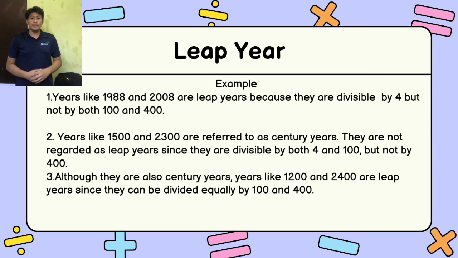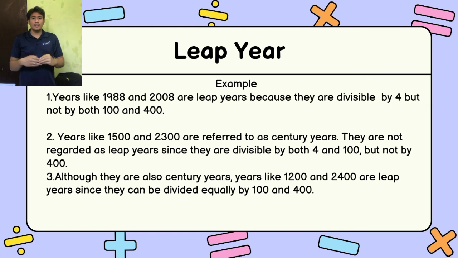The leap year. There are 365 days in a typical year, but occasionally the year is extended by 1 day, creating 366 days, known as a leap year. In this case, the month of February has an extra day.